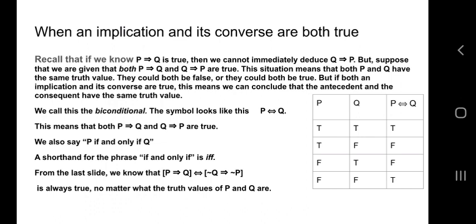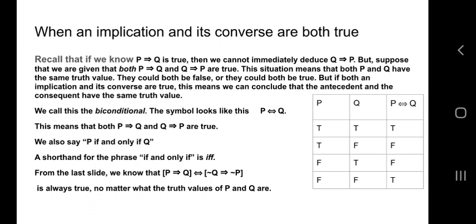Whenever we have two equivalent formulas, we can place a biconditional between them, and the resulting formula is always true, no matter what the truth values of P and Q are. We're going to talk about formulas that have that property next time. Whenever a formula's last column is all trues, it's called a tautology, and we'll talk about that more tomorrow.